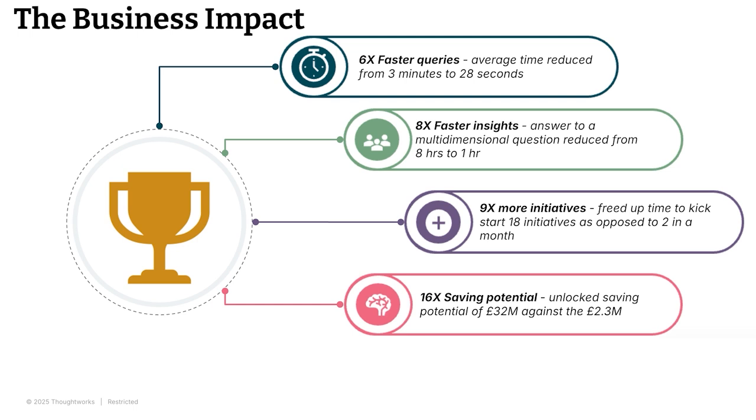So in its very first shape, we were able to give them 6 times faster queries, which meant they were getting closer to insights or multi-layered questions 8 times faster, which meant they had more time on the table. So they were unlocking more cost optimization initiatives, which also meant they had the potential to unlock more savings on the table.